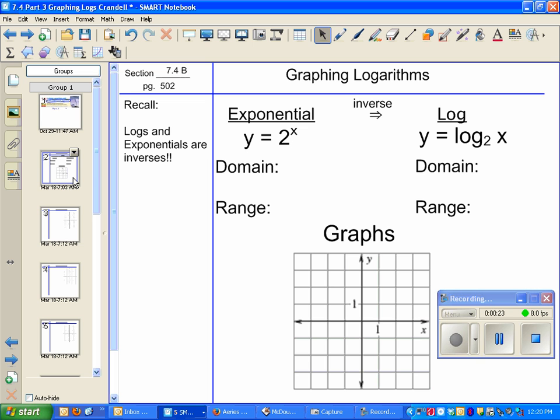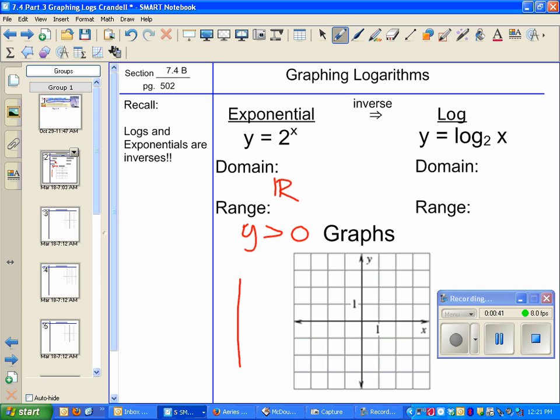And for exponentials, we already know that domain is going to be all real numbers, and the range is going to be y's are greater than k. In this case, 2 to the x, there's no k, so it's going to be greater than 0.